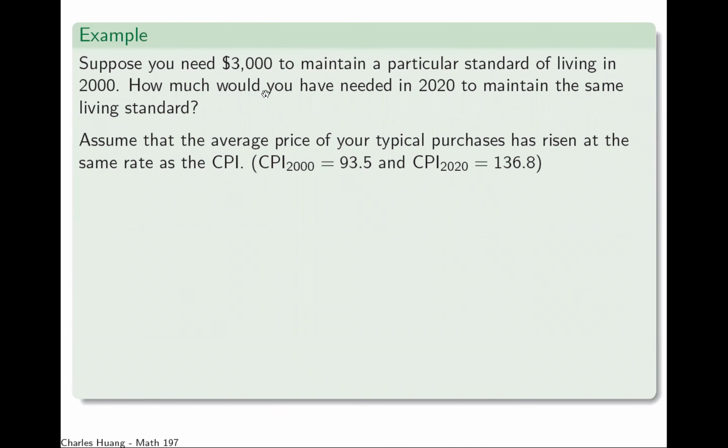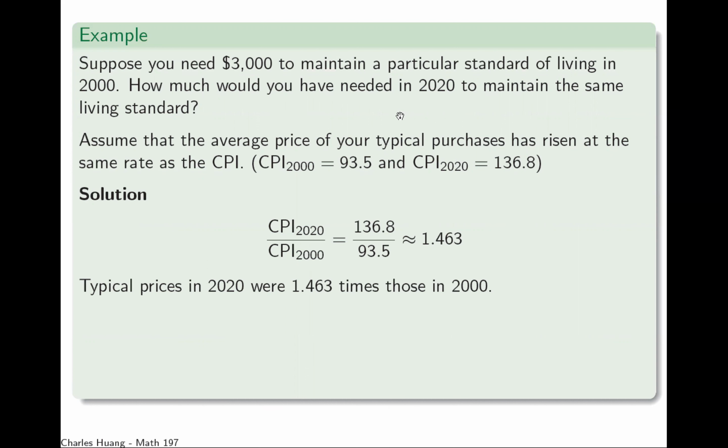And so we can use the CPI to calculate how, say, $3,000 back in 2000 would translate in 2020, how that would compare in terms of 2020 money. So we will do the same thing, right? We do it like a unit conversion.